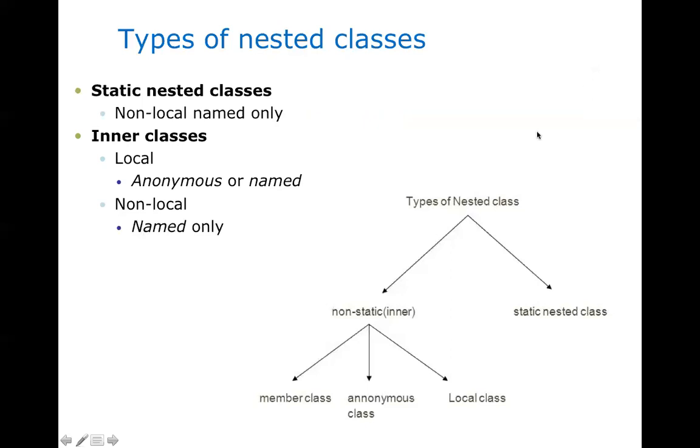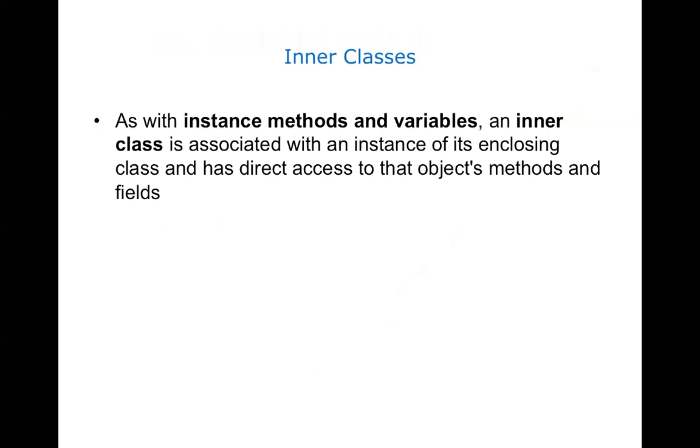Now let's understand a few more details about inner classes. An inner class is associated with an instance of its enclosing class and has direct access to the outer object's methods and fields.